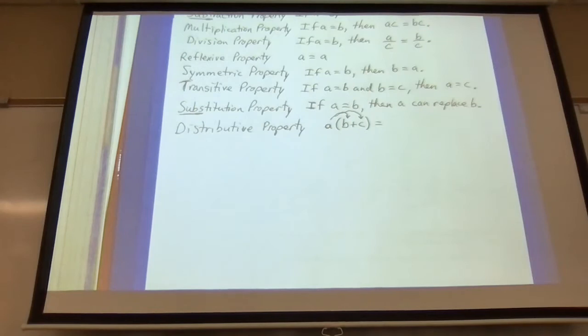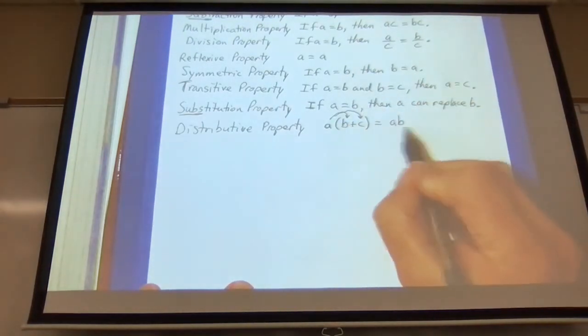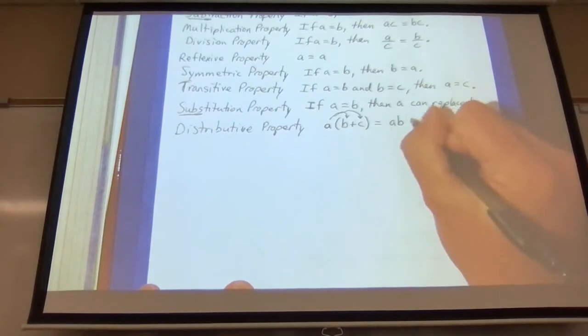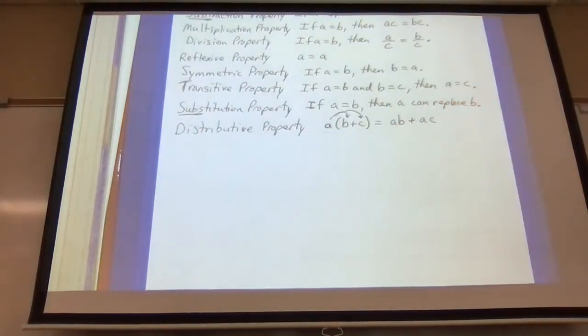If I distribute that A on this one, can anybody finish it off for us? AB plus AC. There you go. A times B would be AB. Your plus stays in the middle. A times C is AC. With the distributive property, you're just distributing the number in front of the parentheses to the two parts inside your parentheses.